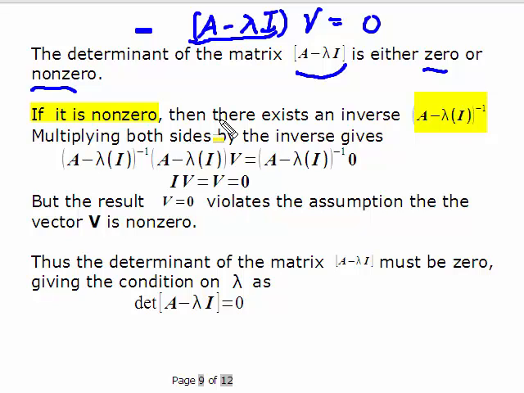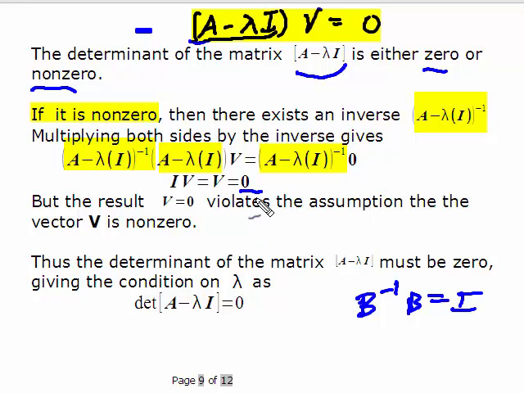I could multiply both sides of this equation by that inverse, and I would have the inverse times this matrix times V, and it would be the inverse times 0. Well, inverse times 0 still gives me a 0 on this side, and here I would get the identity matrix times V, which is V, which means V equals 0. But V cannot be 0 by our assumptions.